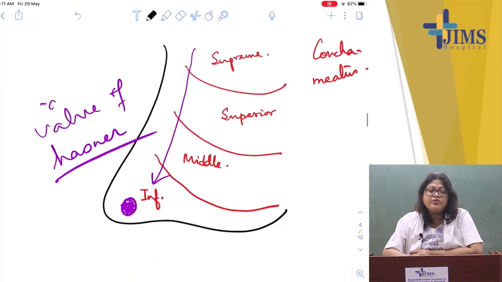So these are the parts of the lacrimal apparatus and how the tear is formed in the lacrimal gland, comes to the conjunctival sac in the superior conjunctival fornix, gets drained by the lacrimal canaliculi to the lacrimal sac, and then passes to the inferior meatus of the nose via the nasolacrimal duct.